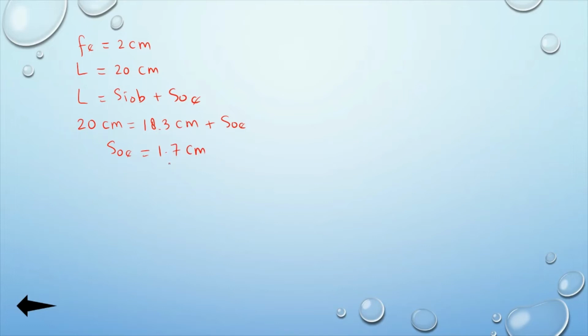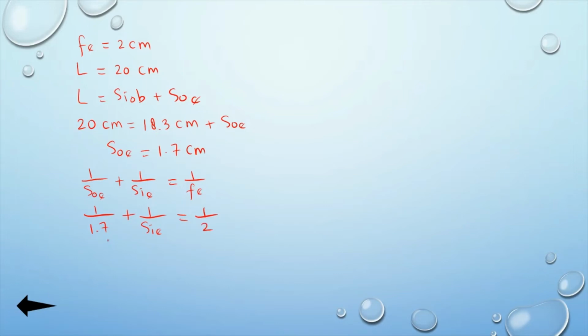To calculate the SIE, or to find the position of the final image, let's use the general equation. 1 over SOE plus 1 over SIE equals 1 over FE. 1 over 1.7 centimeter plus 1 over SIE equals 1 over 2.